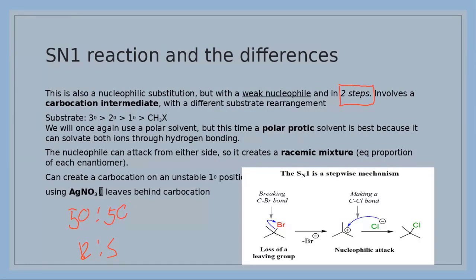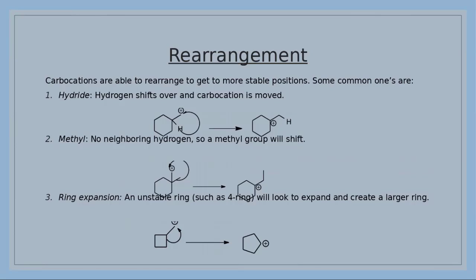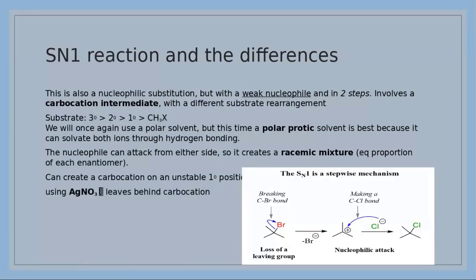Now, there are different ways we can create a carbocation if we need to for the SN1 attack. So we can use AgNO3 to leave behind a carbocation. Let me see if I explained it here. I didn't. Let me go over Ag. If you remember, we said a primary carbocation isn't stable. So if we had something like this, if we had Br like this, and we did the SN1, it would form a primary carbocation, which isn't stable.